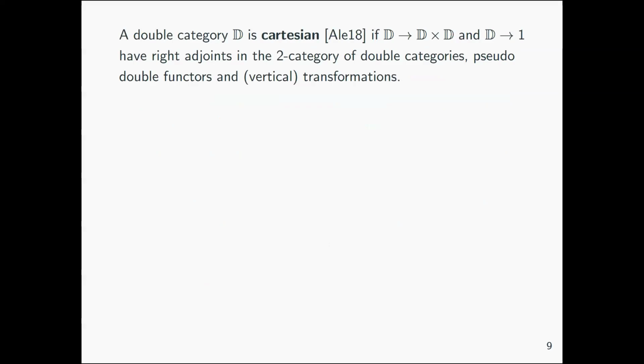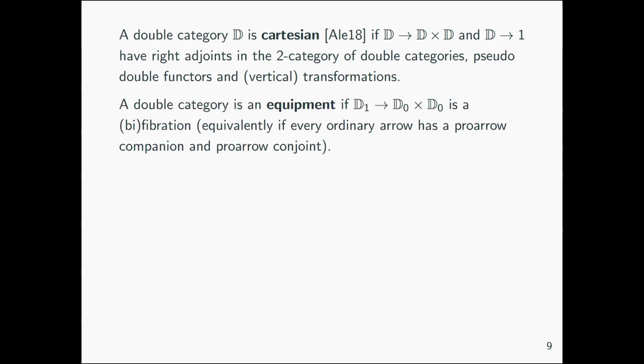We need some more structure though, right? The relational OLOGs were in particular Cartesian bicategories, and that structure is used. So we want something like a Cartesian double category. Well, what is that? There's a definition of such things. We want the diagonal and the unique double functors to each have certain right adjoints in a nice 2-category.